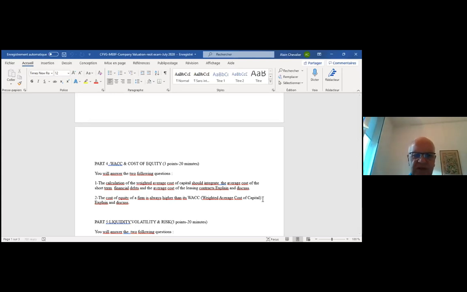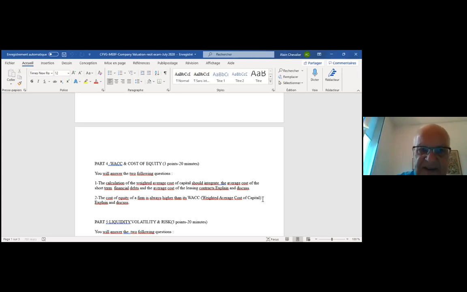The first one is on the comparison between the cost of debt and cost of equity. And when we say cost of debt and cost of equity, of course, we talk about the average cost of equity, because we can have different categories of equity. We'll see that later in equity issues. And you have different kinds of debts, depending mainly on the maturity, but also on the structure, for example, or currency and so on.